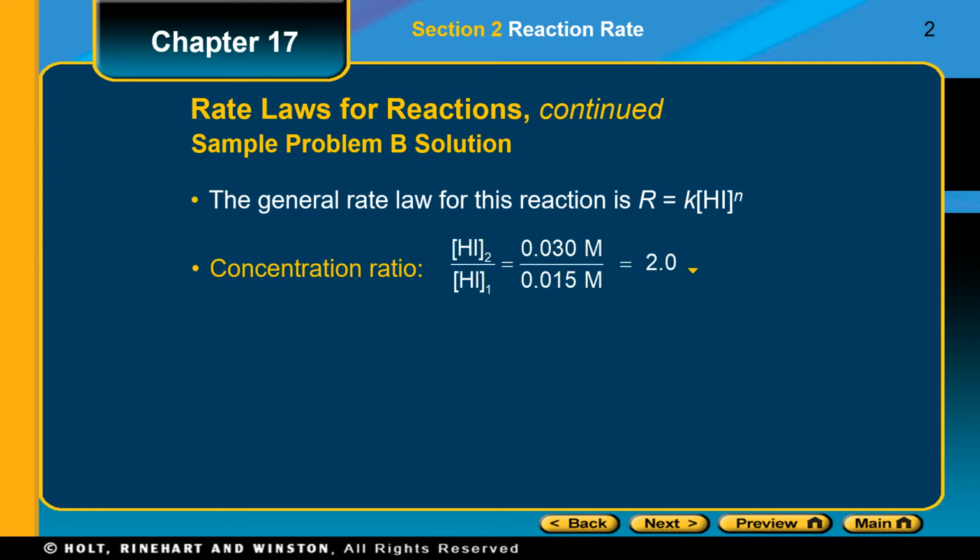So in order to do this, what we do is we pick 2 of the concentrations to find out how the concentration has changed. You can pick any combinations you want. I would suggest that when you do these, you put the larger concentration on the top and the smaller concentration on the bottom.